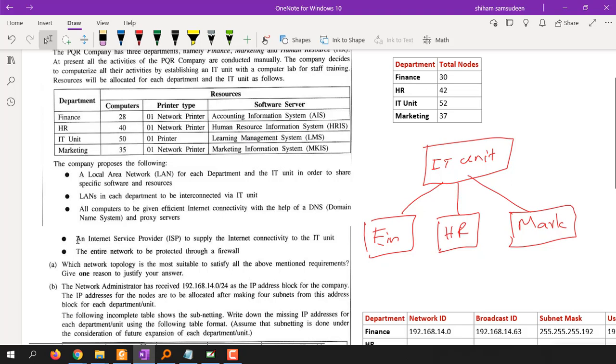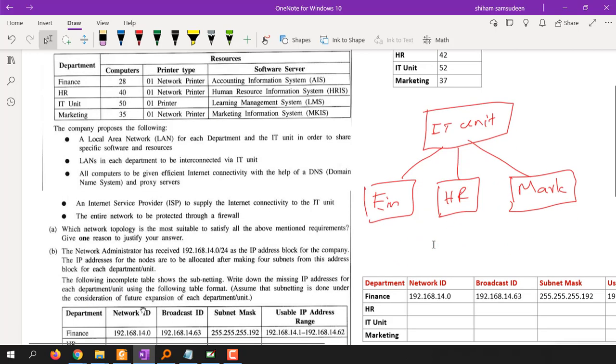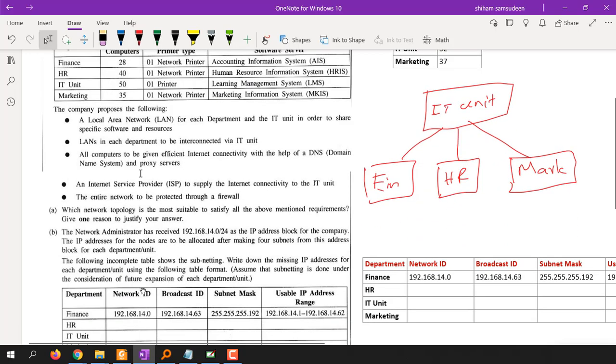The fourth point is an internet service provider to supply the internet connectivity to the IT unit. So IT unit is where the internet connectivity will be given, right? And from there onwards, all of these three departments, which are finance, HR, and marketing, will be getting the internet connectivity through the IT unit, right?